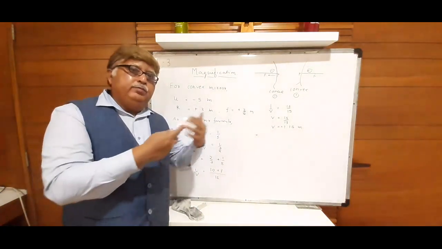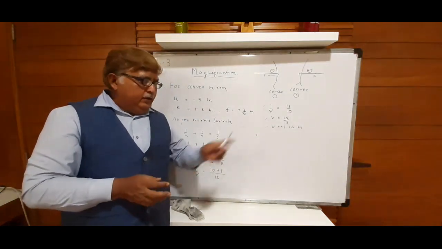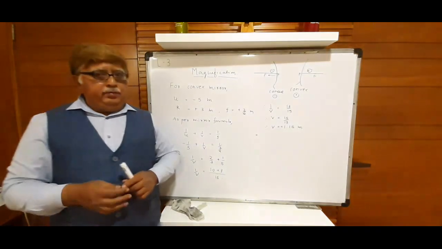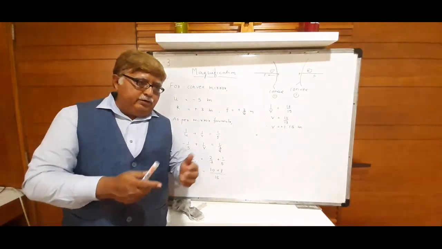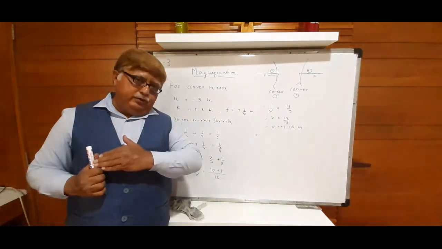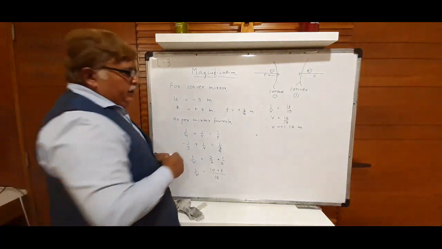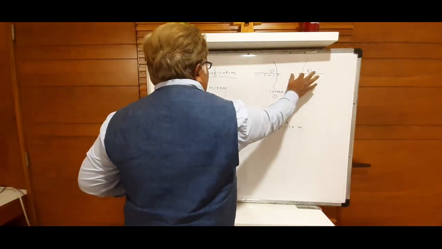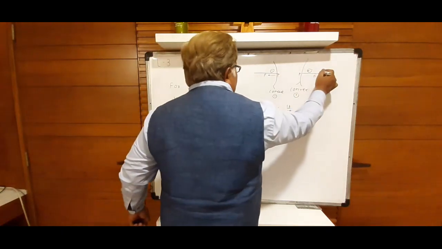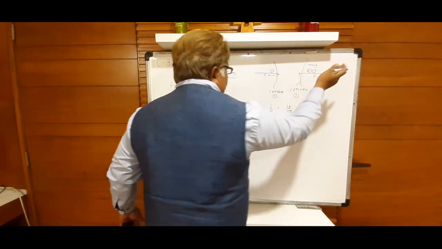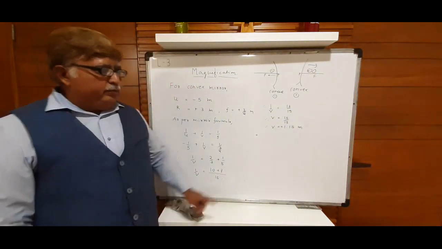V positive means behind the mirror. If negative, what would you write? Image is obtained 1.15 meter in front of the mirror. Understand? In case of convex mirror, you all know the image always forms to the right of the mirror, so it is always positive.